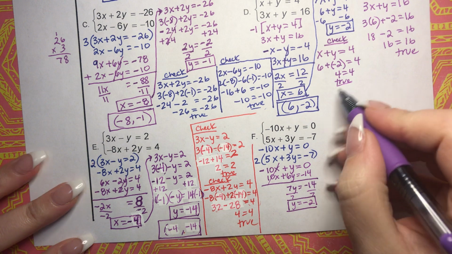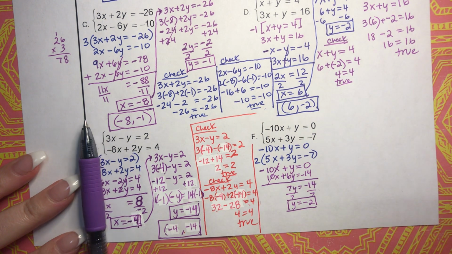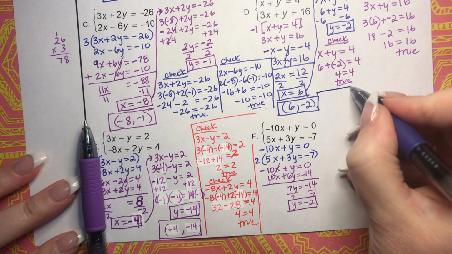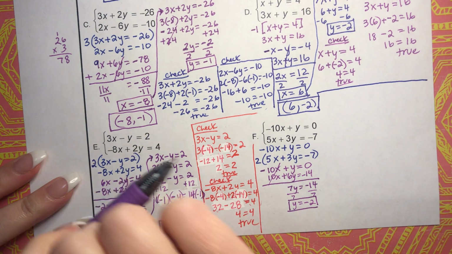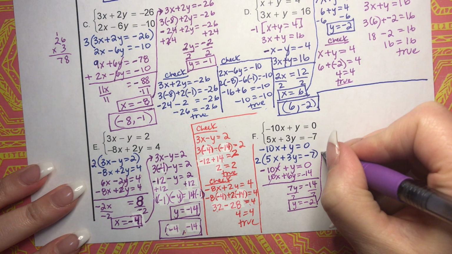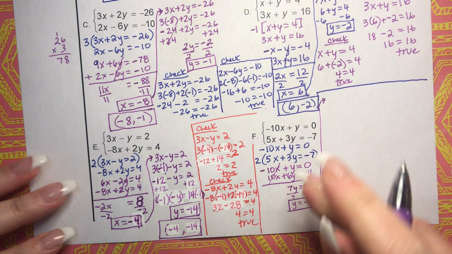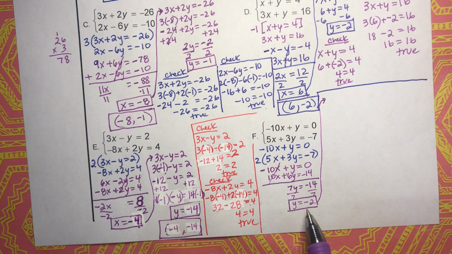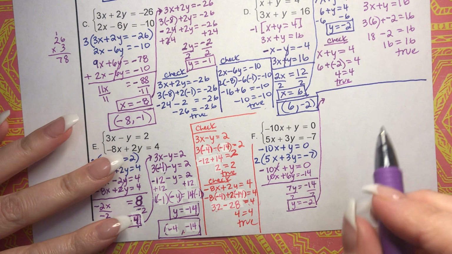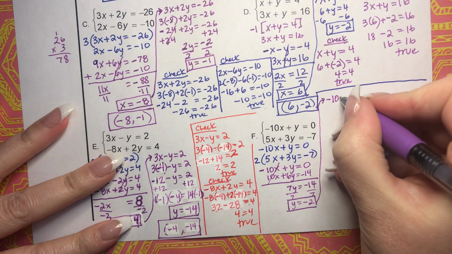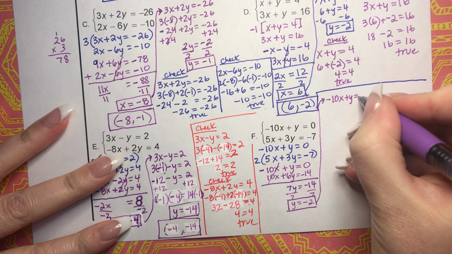Now we got to figure out what x equals. I'm going to make some little separation here and bring this all the way up to here. We need to find out what x is. I'm going with this one: negative 10x plus y equals 0.